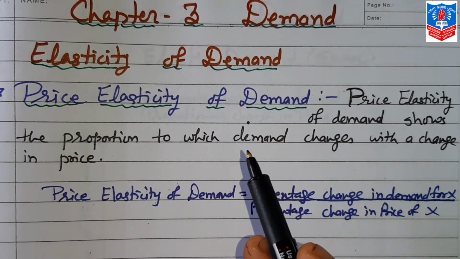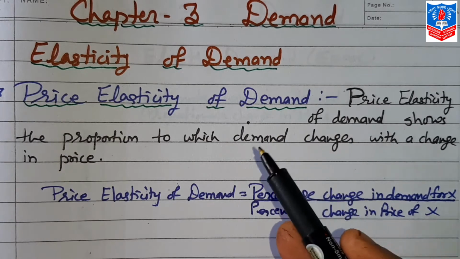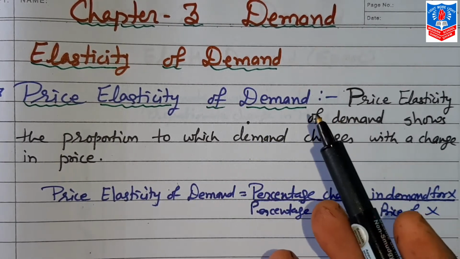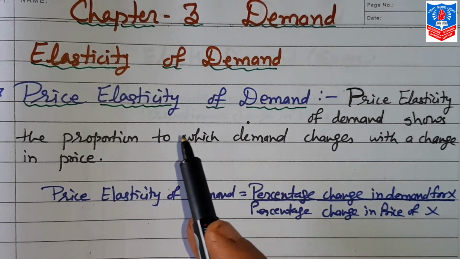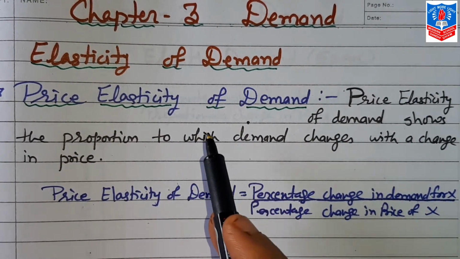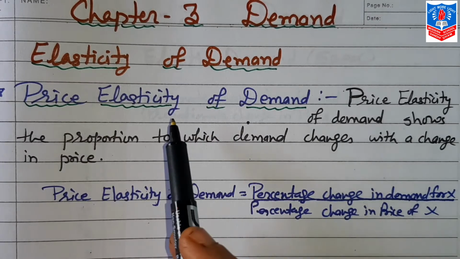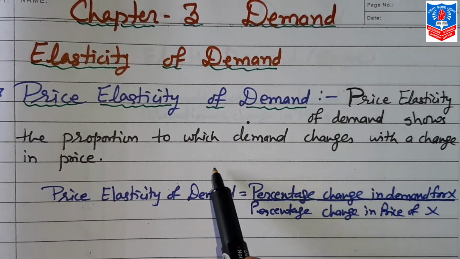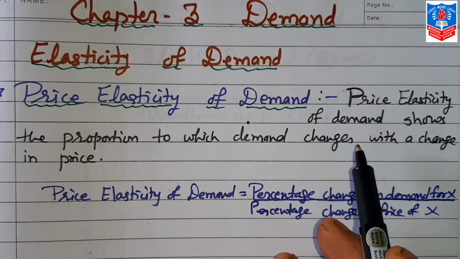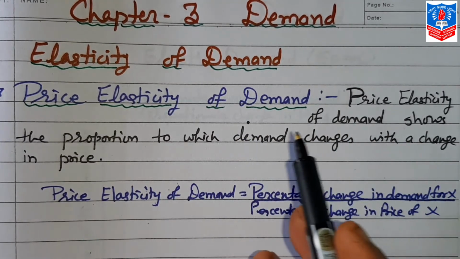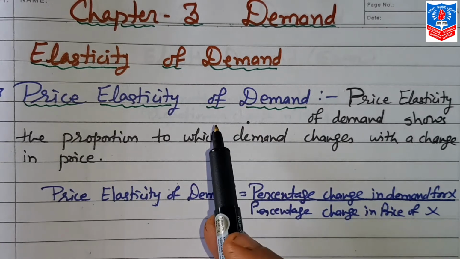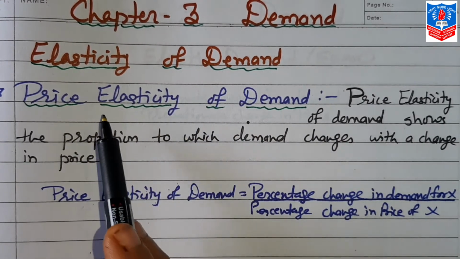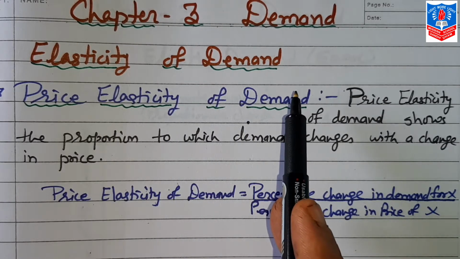But in what proportion, or up to what extent, because of change in the price, what effect comes on demand, that we cannot see. So in price elasticity of demand, we can come to know in what proportion price increases or decreases, and because of that how much demand increases or decreases, that we can measure with the help of price elasticity of demand.